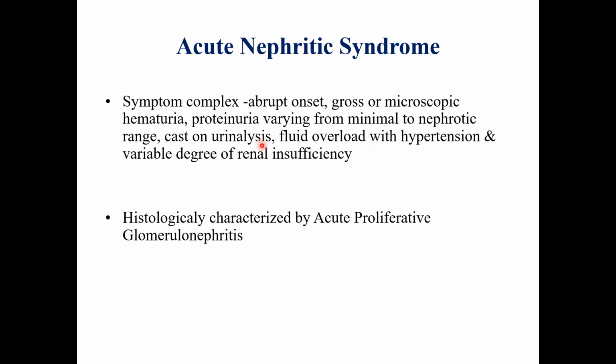So it's a syndrome complex accompanied by hematuria, proteinuria, hypertension, and renal insufficiency. If you do a biopsy in these patients, most of the time there will be acute proliferative changes in the glomeruli.